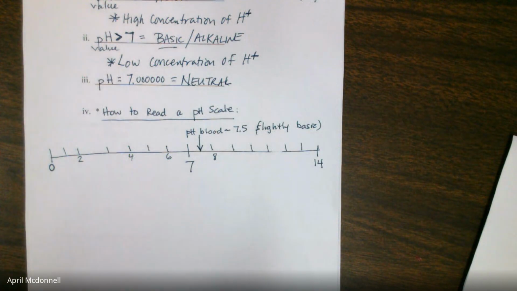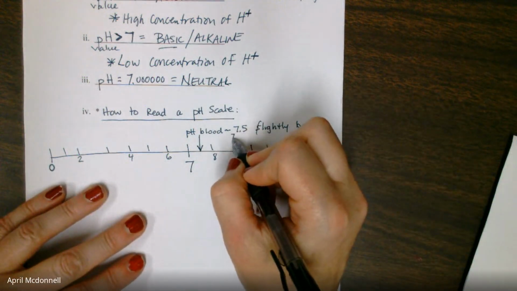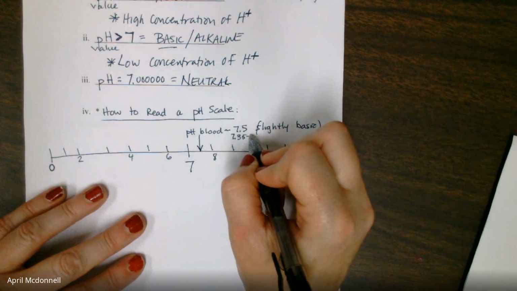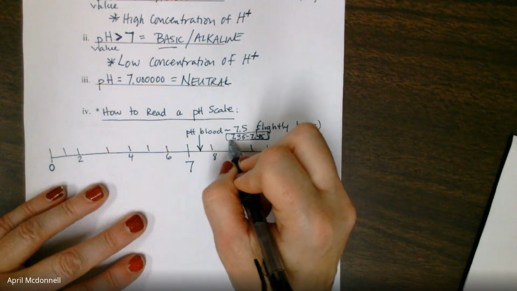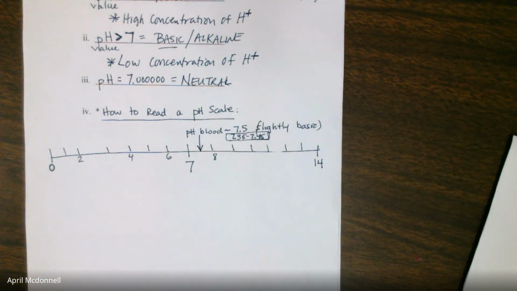If we move out of that very narrow range of where we want blood to be, 7.35 to 7.45 is the range of blood. That's what pH value we want our blood to read. If you move out of that range and the pH value gets higher or lower, then you are going to disrupt the functioning of blood, which is to carry oxygen.